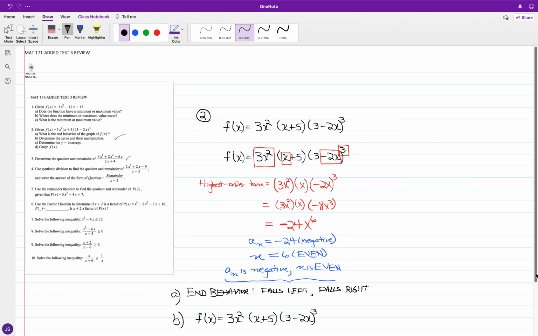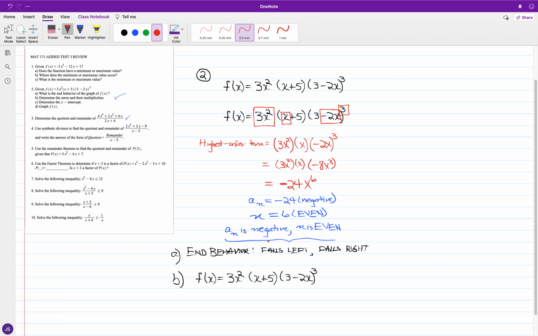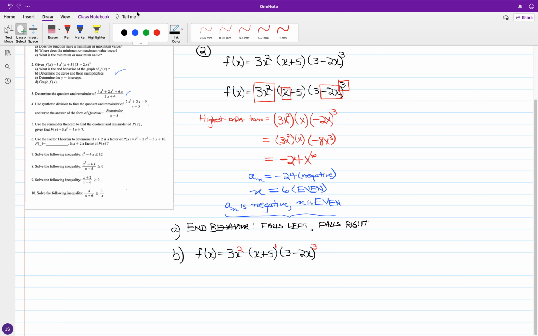So again, I'm just going to stress the degrees here. I have 3x squared equal to 0, and I divide by 3.